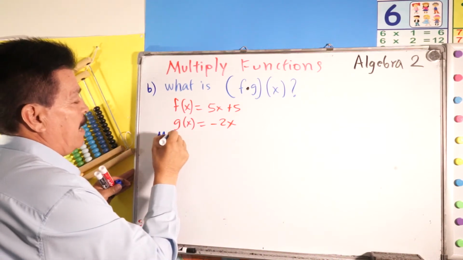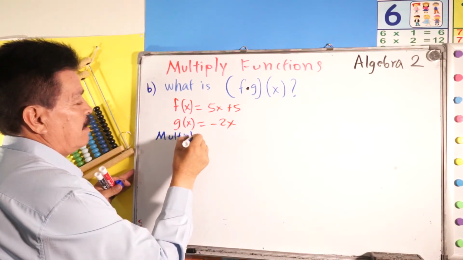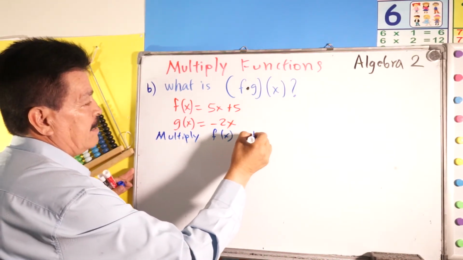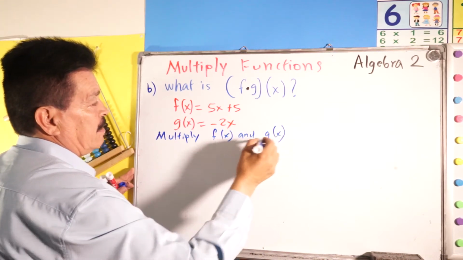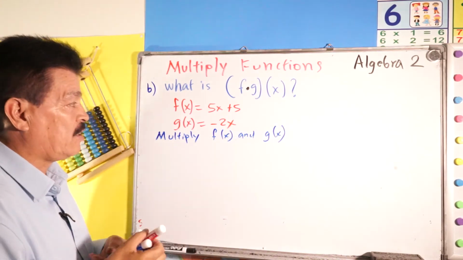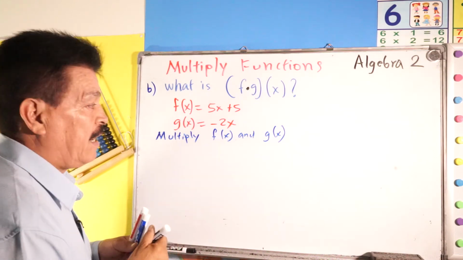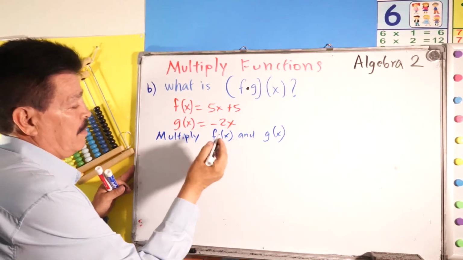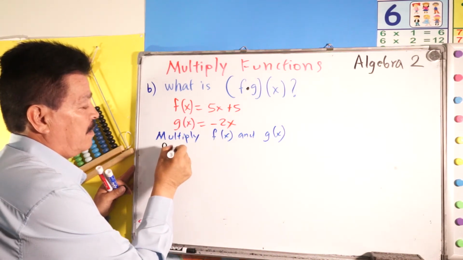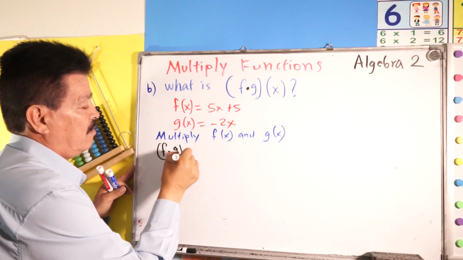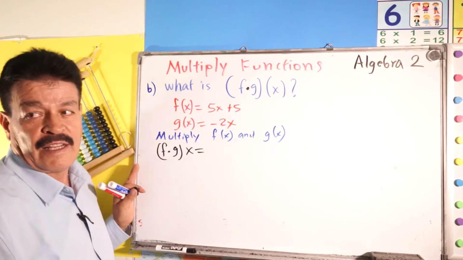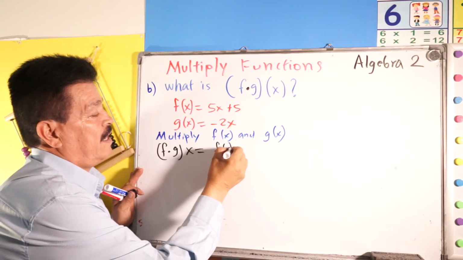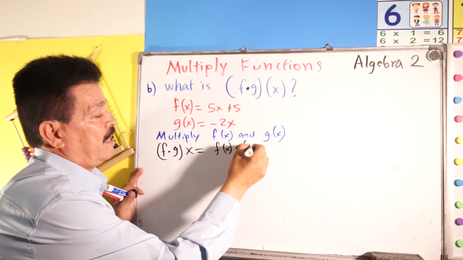So now, the next step, multiply f of x and g of x, right? How do we multiply those? Just write f times g of x, okay, equals f of x times g of x, all right?